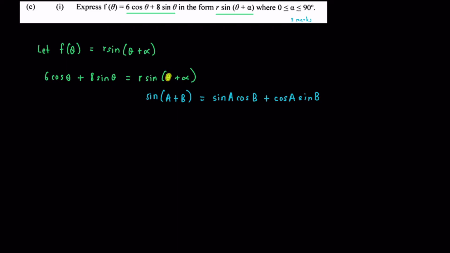In this case, theta would be A and alpha would be in the place of B. So let's do that now. And now we're going to multiply r by this side and this side. So we just expanded it a little more.